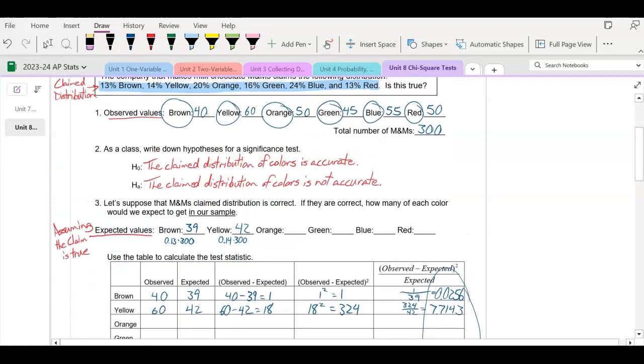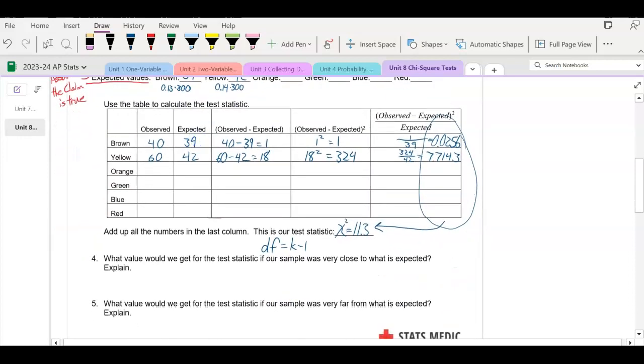If I knew any 5 of those, like how many were in each of the 5, the last one would automatically have to be the rest of them. So the degrees of freedom is my total number of categories, 6, minus 1. These are the 5 that can basically be anything, and then that 6th one just ends up being whatever the rest are. So that's that degrees of freedom idea.